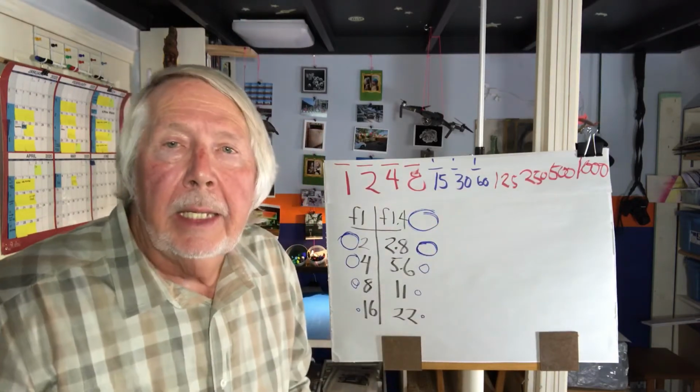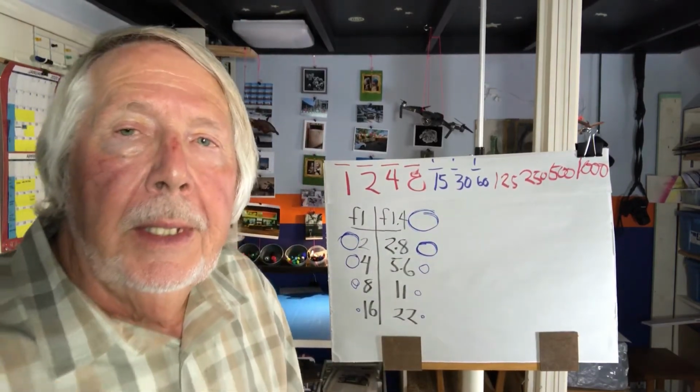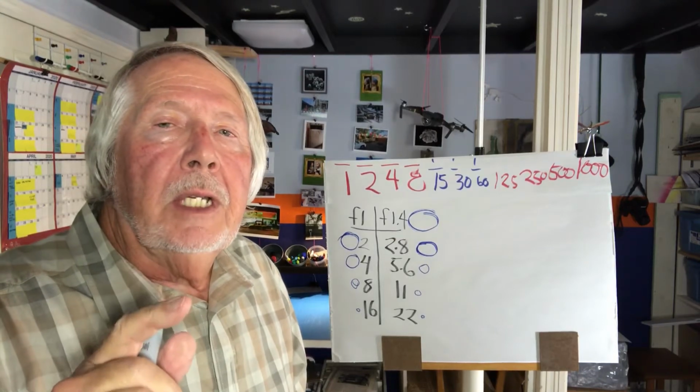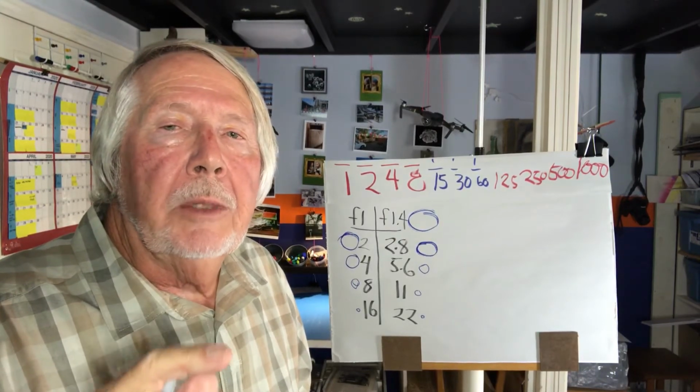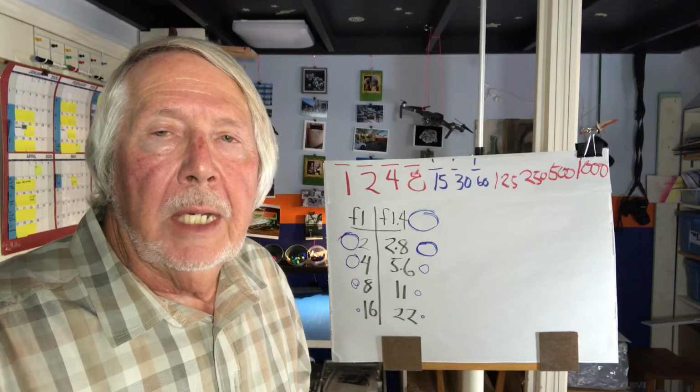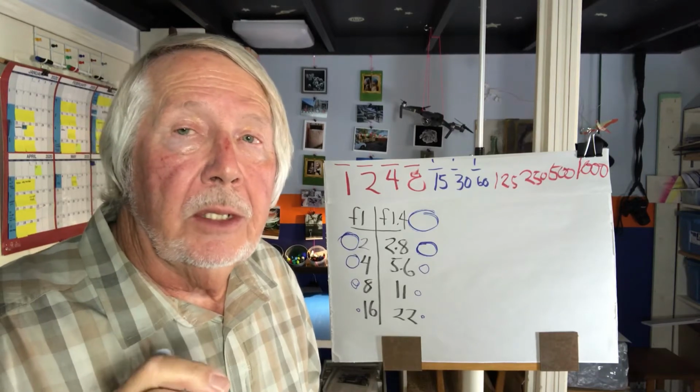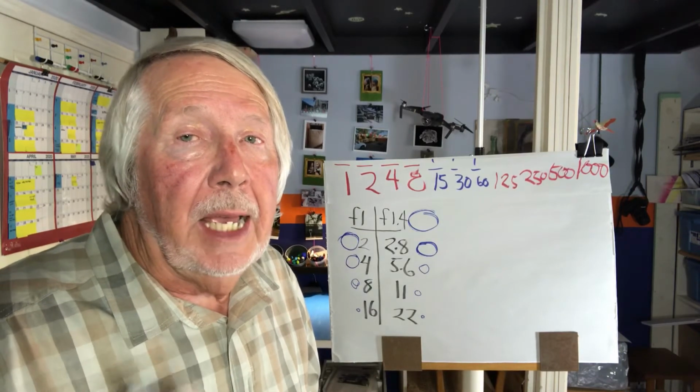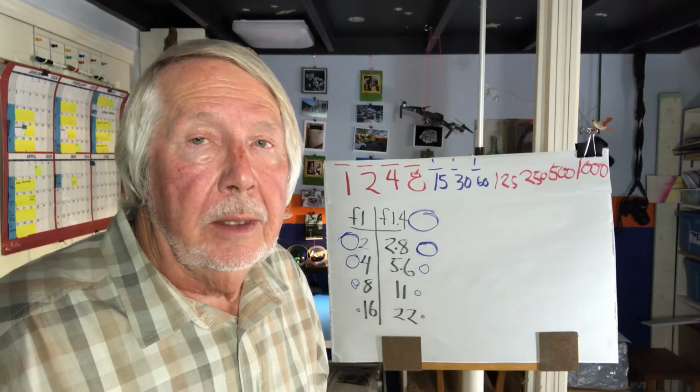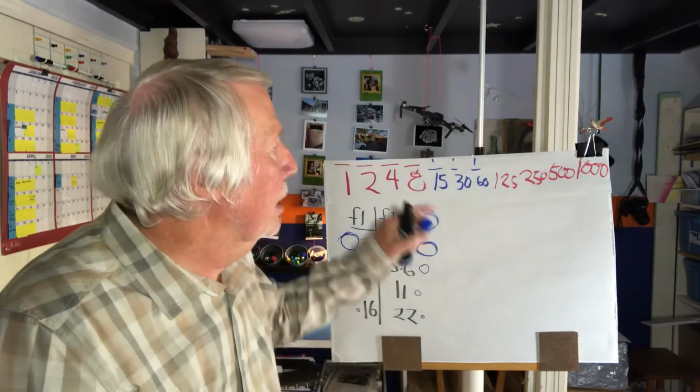Okay, and you will recall that every time you go from one number to its neighbor, you have either let in twice as much light or half as much light. And the same thing up here.